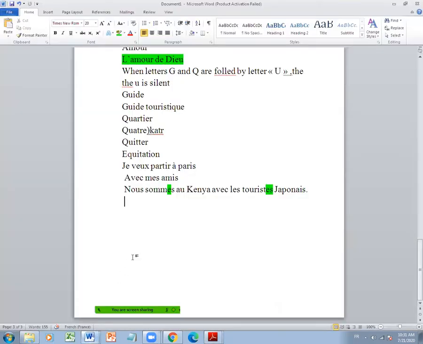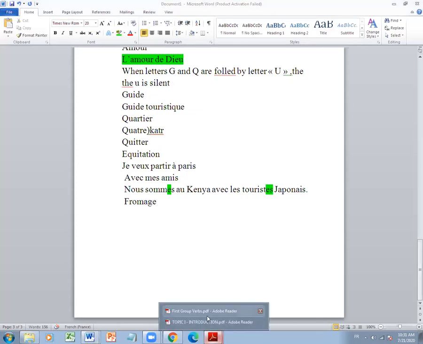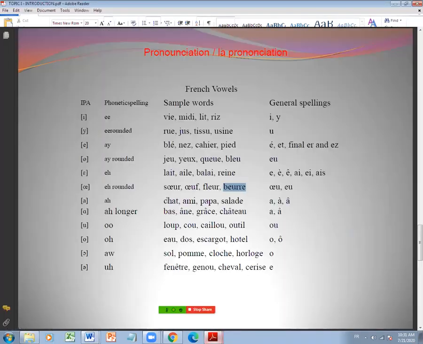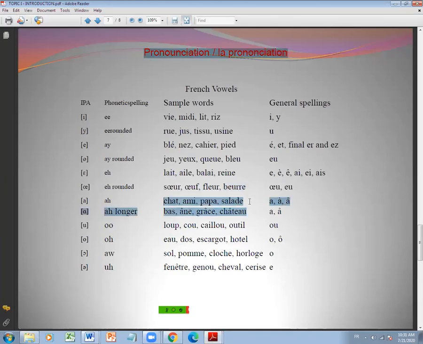I see sometimes fondue. Fromage is cheese, but beurre is the butter. Okay. Yes. Then we say along, you prolong it kidogo.